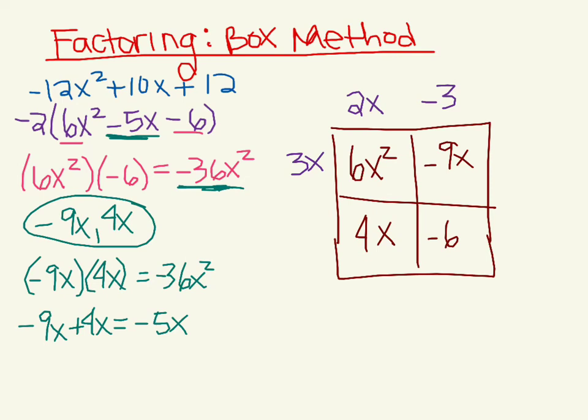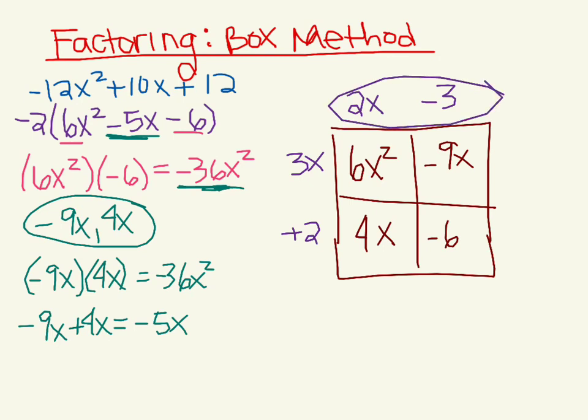Now again, I give it the sign of the first term. This one's negative, but it doesn't matter because this one is actually positive. So this one is going to get a positive sign. And I do the same thing with this column, and I get positive 2x. I mean positive 2, no x.